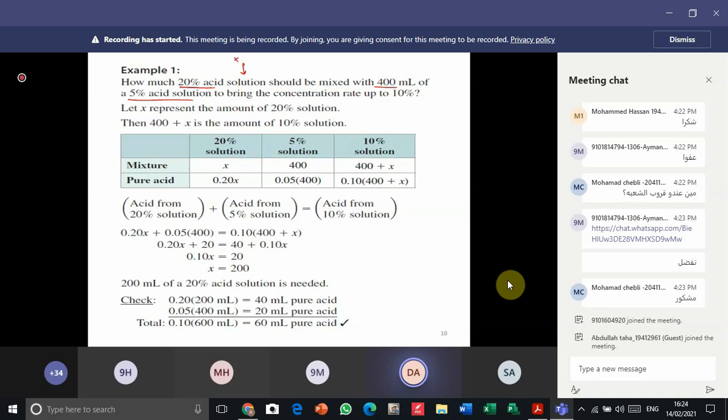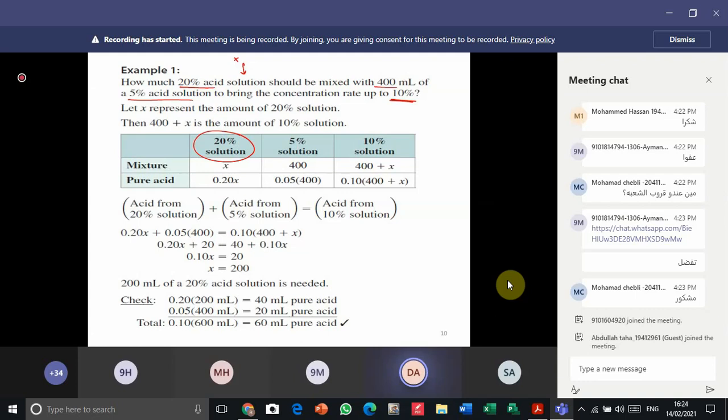To bring the concentration rate up to 10%. Look at this. We need to mix 20% acid solution, and this is X milliliters. I don't know the milliliters of 20% acid solution, but I have 400 milliliters of 5% acid solution.